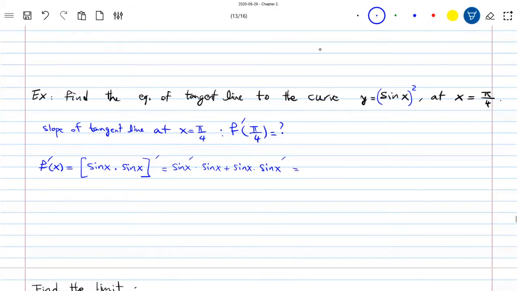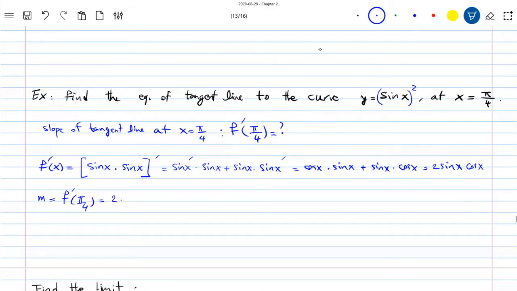You see that it's the same thing. Sine x derivative is cosine x times sine x, plus sine x times derivative of sine again, cosine x. What you have is sine x cosine x twice. So you can write it as 2 sine x cosine x. Okay, so this is the derivative function. So how do we find the slope? We replace pi over 4 in it.